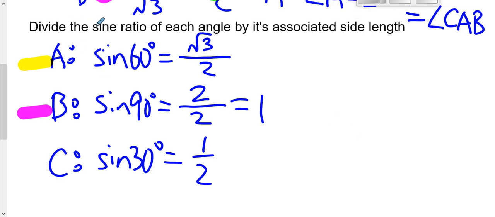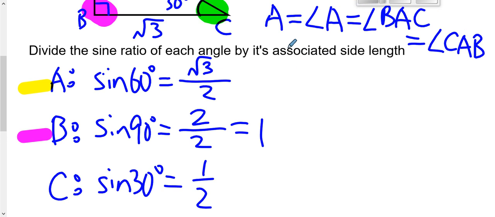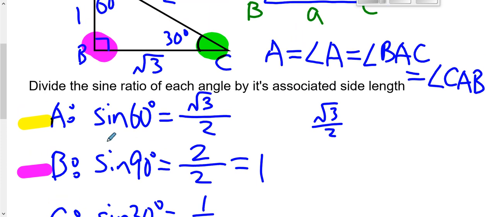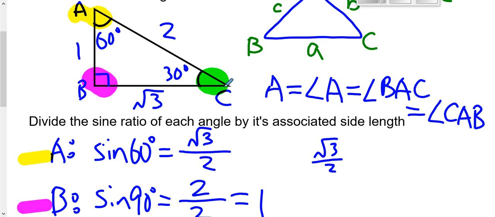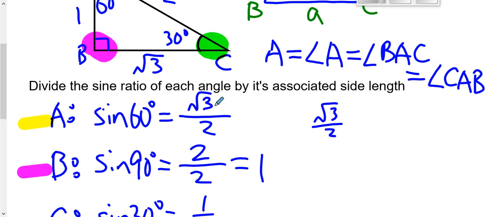So now let's divide the sine ratio of each angle by its associated side length. This is the sine ratio for angle A, so it is root 3 over 2. Divided by the associated side length, which is the length across from big A, the small a, root 3.